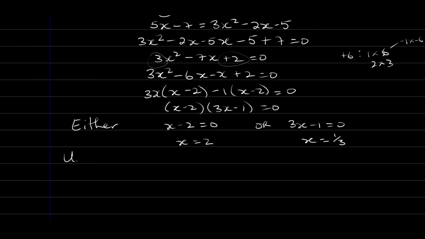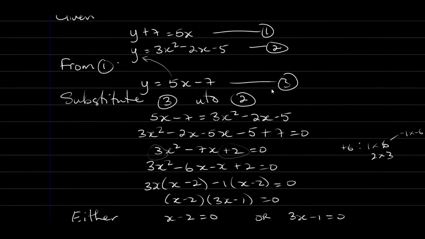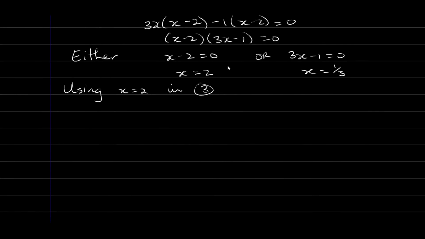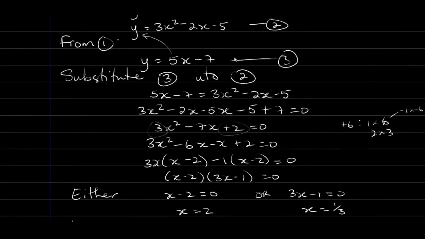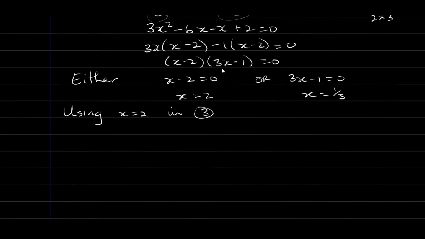Now I can say using x equal to 2 in equation number 3, which is the one that I just had right here, I can get that, what was that again? 5x minus 7. So y is equal to 5 into 2 minus 7, which is just simply 10 minus 7, which is 3.